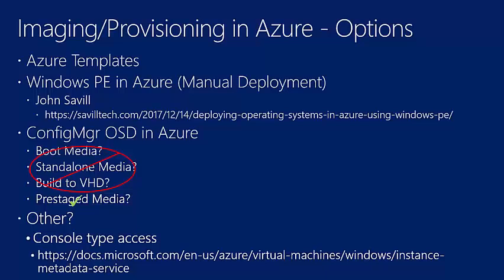But if we take a bit of an inventive approach to pre-stage media, we can actually create the equivalent of a boot media disk or standalone media disk, but in this case have it running from the local hard disk. So I'm going to demonstrate that method in a minute. It's a fully supported way to do it using this pre-stage media approach.